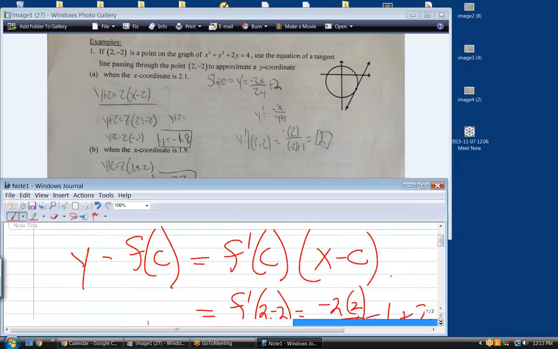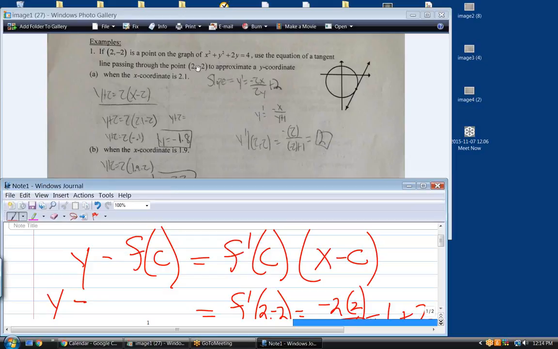Should be that right there. Okay, and y minus the function evaluated at 2. Well, what is that? The function evaluated at 2 is clearly minus 2. Without plugging it in, I don't need to do that.